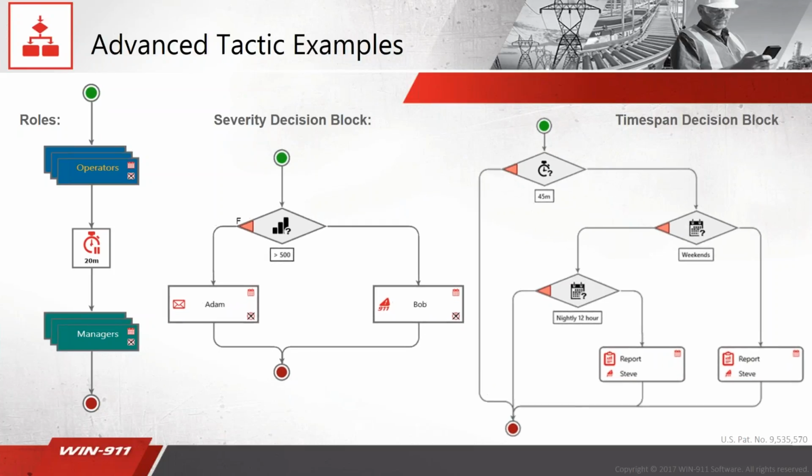And then a time span decision block. This guy will check to see how long an alarm has been active. So if it's been active for longer than 45 minutes, then it will go out on the right side. And then you can see there's a little schedule decision block. So now it's going to check to see what time of day it is right now.